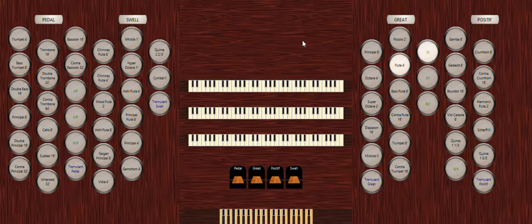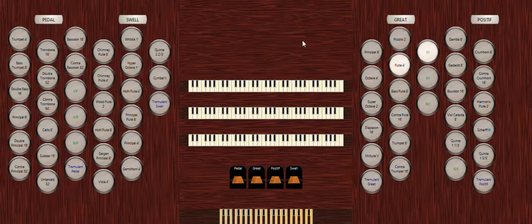So essentially, on the Berea Church extended organ, the manuals were 56 keys, and the pedal board was only 30 keys. However, for this one, this is the full 5-octave manual, a full 61-key manual, and a 32-key pedal board.